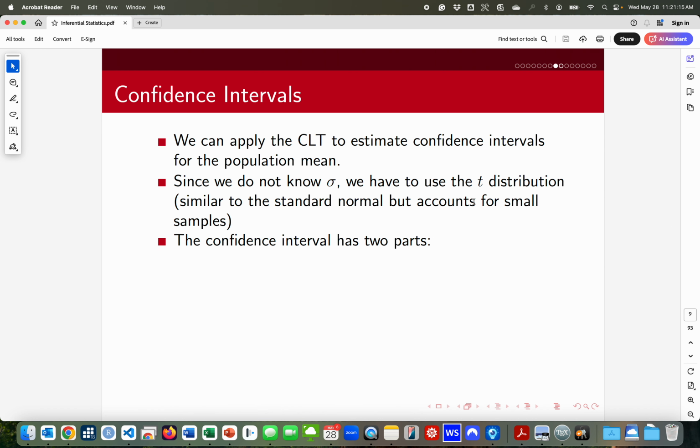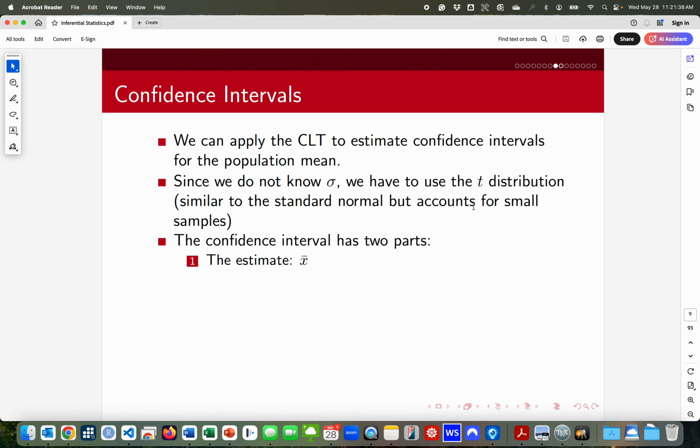So a confidence interval has 2 parts. X bar is going to be what we call the point estimate. So if someone asks you to estimate the population mean, or the average number of hours WKU students spend studying, your point estimate will be the sample mean.